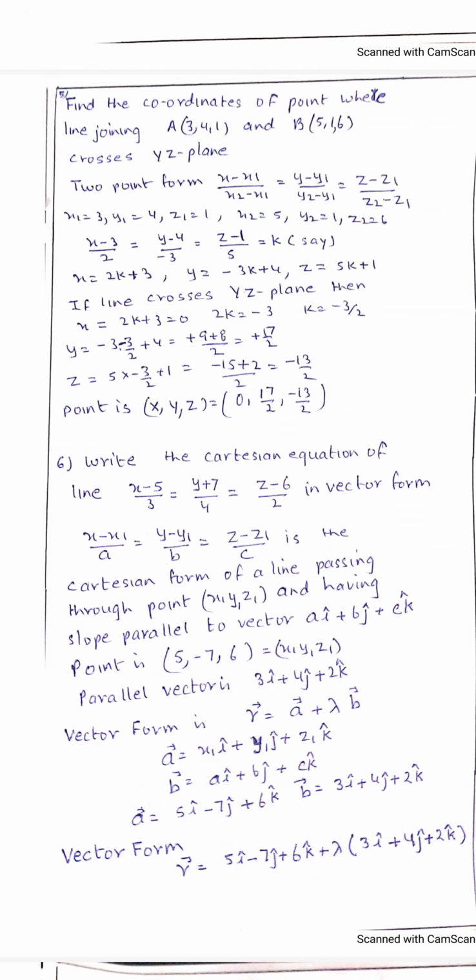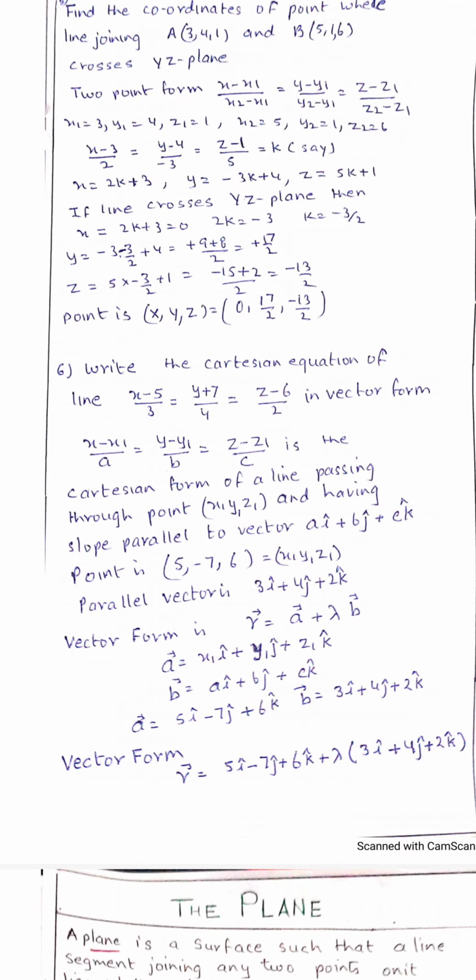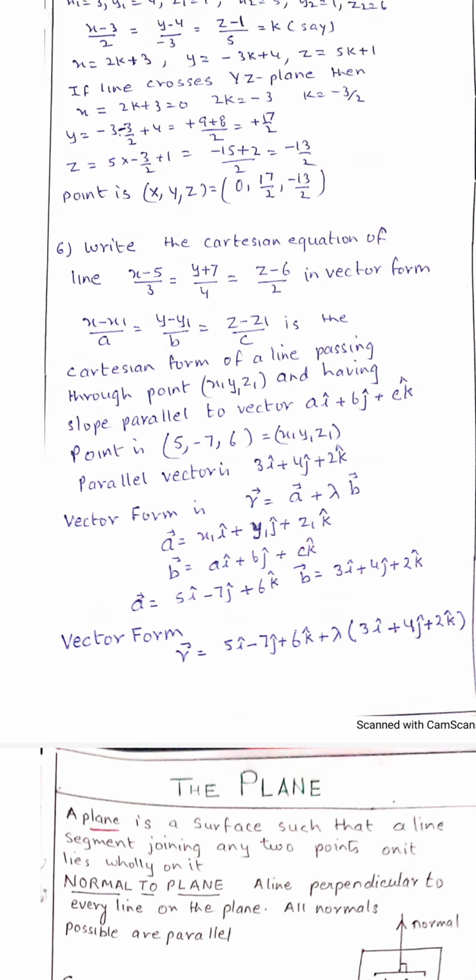Sixth question is write the vector form of the line (x - 5)/3, (y + 7)/4, (z - 6)/2, given in Cartesian form. How do we write it in vector form? Let us recognize x1, y1, z1 and a, b, c. The point is 5, -7, 6.